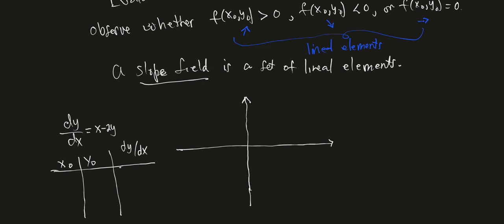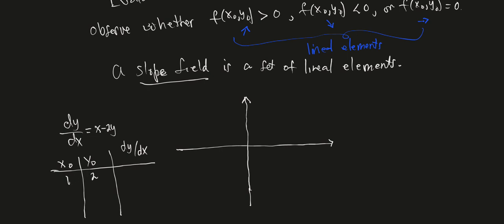But in practice, this is not something you do by hand. You use software like MATLAB or Maple, or in fact, there are lots of online things that can generate slope fields for you. But let's say, in the first quadrant, I use the point (1, 2).